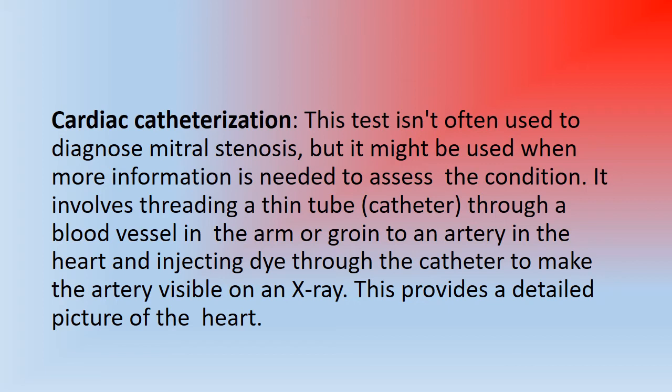Through the catheter we will be injecting a dye in order to visualize the arteries, that is the stenosed area. It will be very visible, and we can monitor everything by cardiac catheterization. And here we can also record the pressure readings of each chamber.